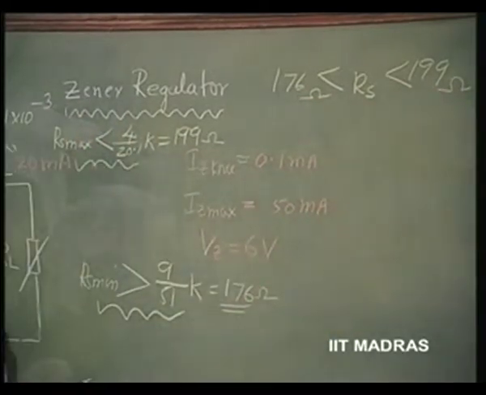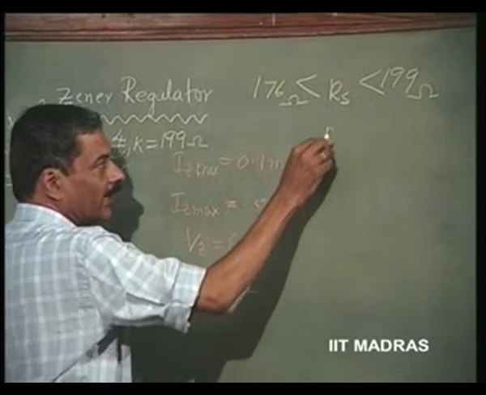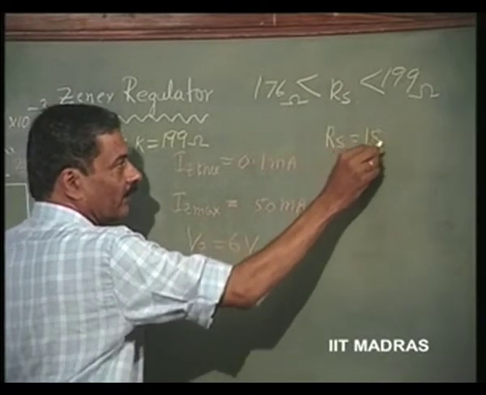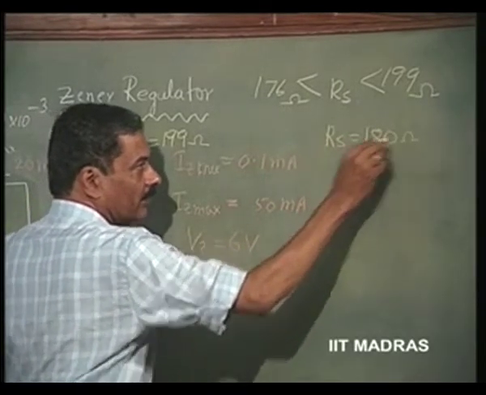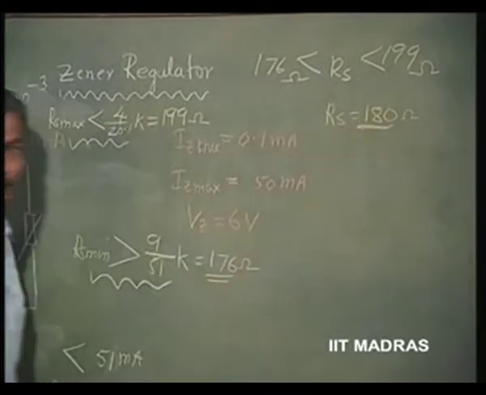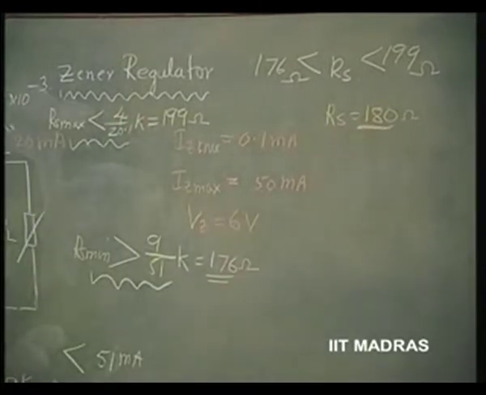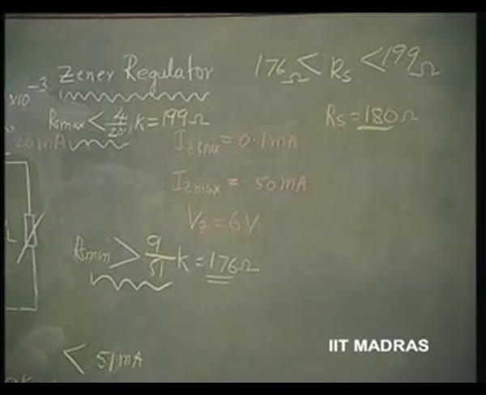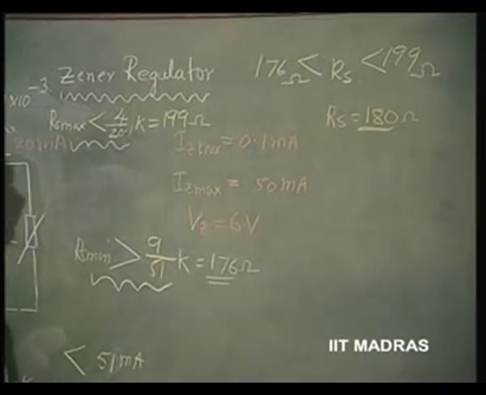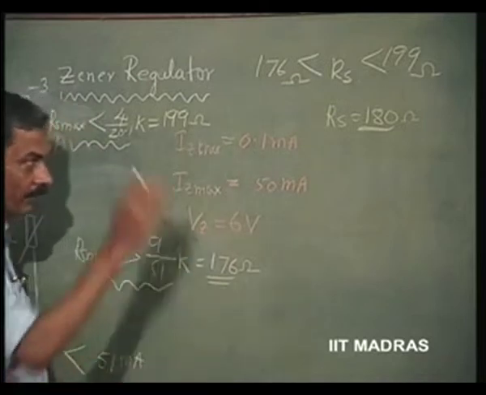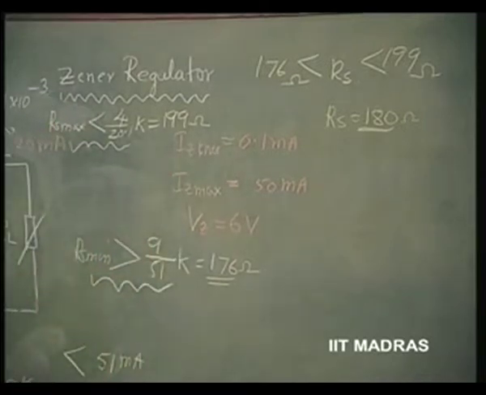So, the preferred value in this range, we will select Rs as 180 ohms. These resistances are available. You select any preferred value within this range, 180 ohms. Now, for this resistance, we have to give specification in terms of its wattage.